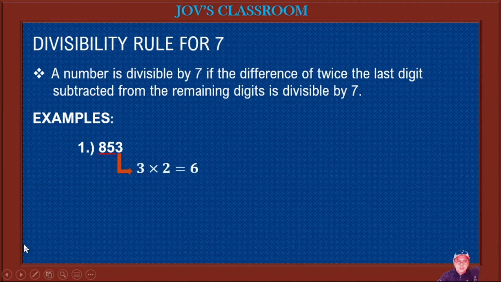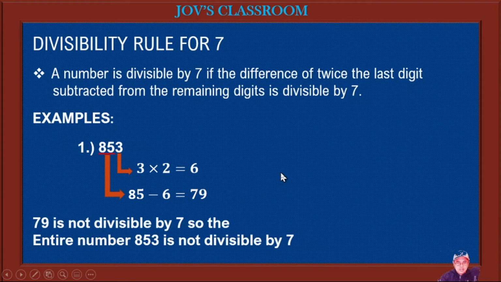For example, the last digit is 3. Twice that number is 6. Subtract 6 from 85. 85 minus 6 is equal to 79. So that means if you satisfy this condition, then 853 is divisible by 7, or not. 79 is not divisible by 7.